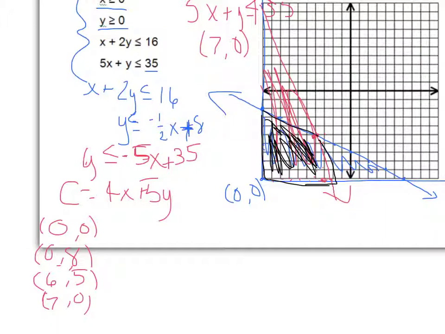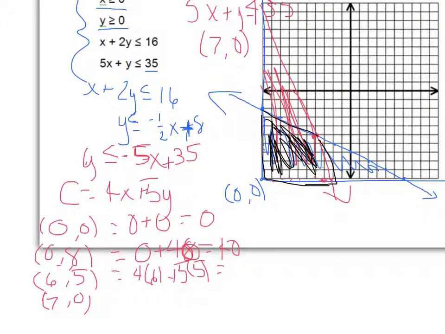Okay, plugging in x's and y's, this would be 0 plus 0, which is 0. This would be 0 plus 5 times 8, which is 40. This would be 4 times 6 plus 5 times 5, which would be 24 plus 25 is 49.